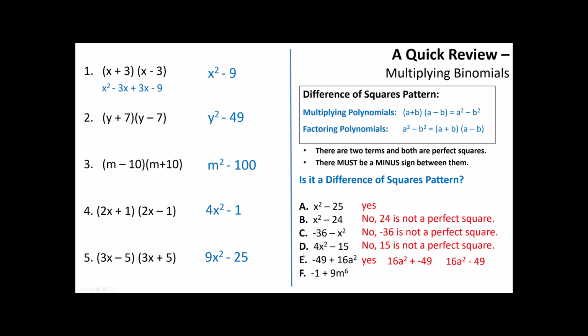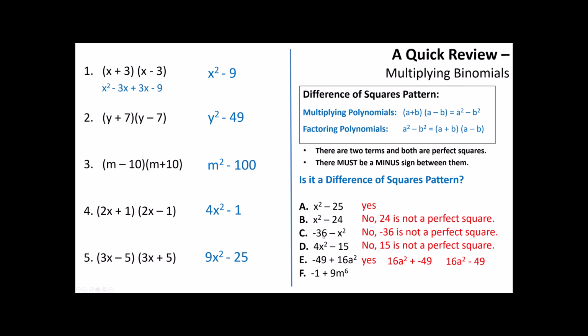You might want to circle this one to make sure you come back to it. This is tough. This is tricky. Always make sure you're cautious. I knew this one would work because I have a positive plus a negative. If one of them's negative, it could still be a difference of squares pattern.